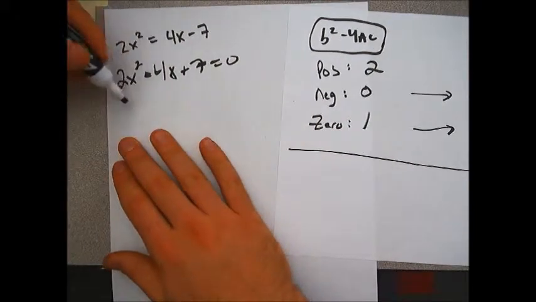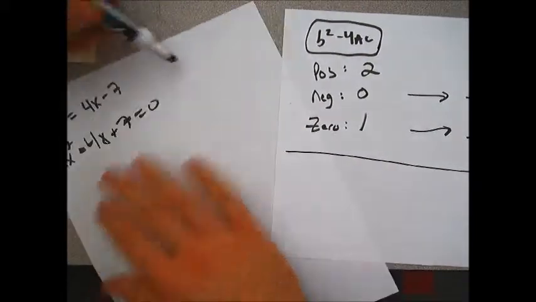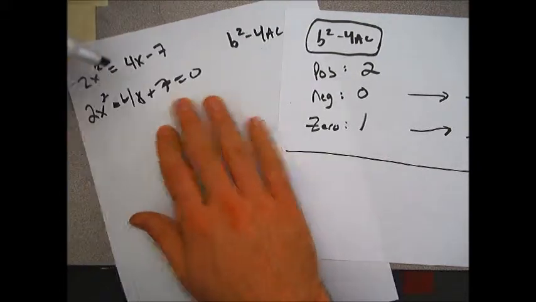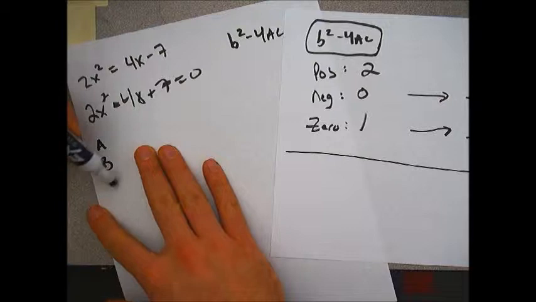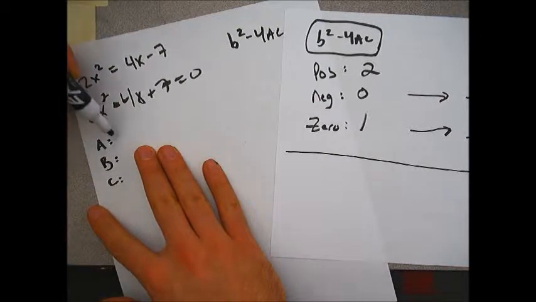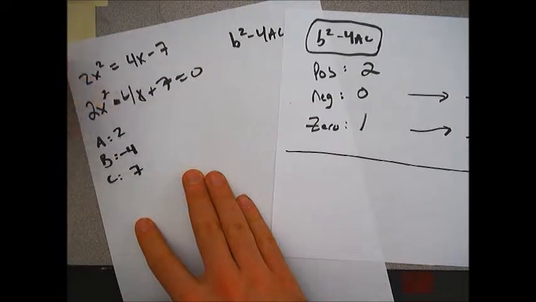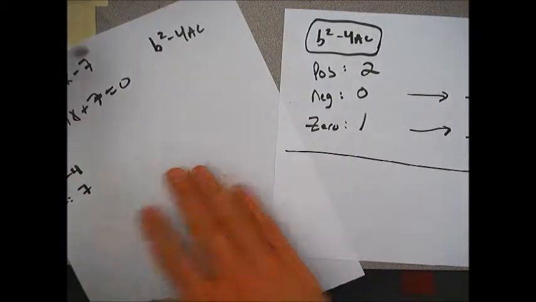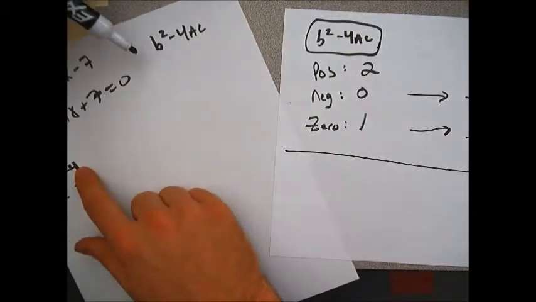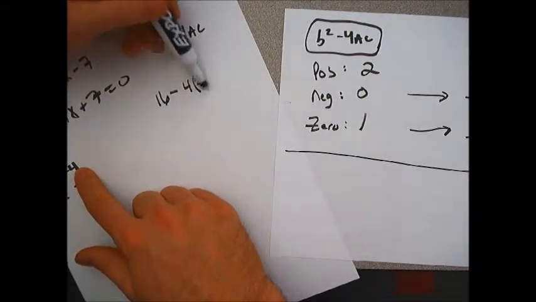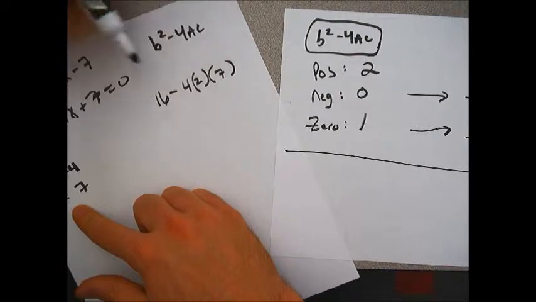Okay. I know that my discriminant is b squared minus 4ac. So I'm going to make an ABC box here and say that a is 2, b is negative 4, and c is 7. So b squared would be 16 minus 4 times a times c.